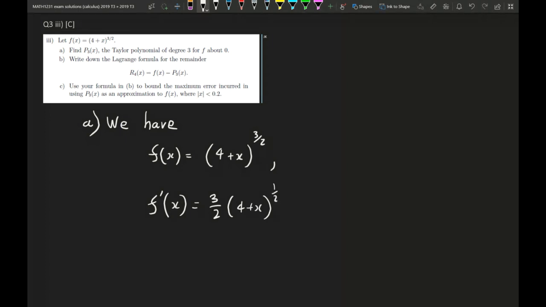Now 3 halves is quite nice, because if you lower that by 1, it goes down to just 1 half. Let's get another derivative. I'm just going to bring this power down. It's just going to become 3 halves times a half, that is 3 quarters, and down by 1 again to minus a half. I'm going to leave it in this notation just because it looks a bit easier to read.